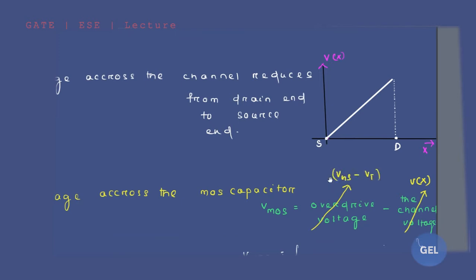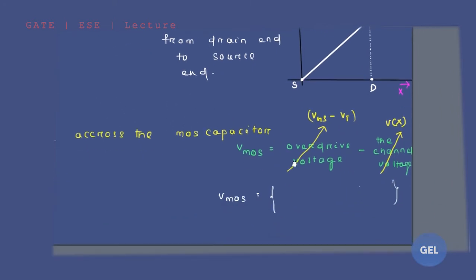This is the voltage after VT, and VGS versus IDS is your transfer characteristics curve. After VT we get an overdrive voltage, so your overdrive voltage is VGS minus VT. So VMOS will become VGS minus VT minus V of X, yes or no. Remember this formula.